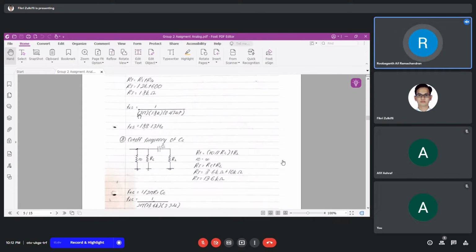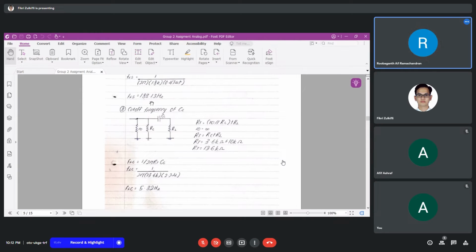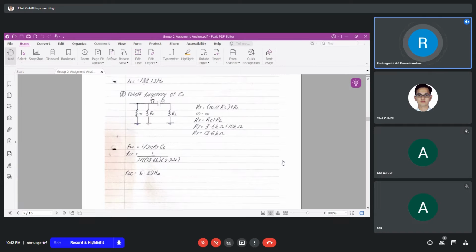Substituting all the values into the formula, 1 over 2 pi times 1.8k times 0.47 microfarad, we get our frequency FLS as 188.13 hertz.